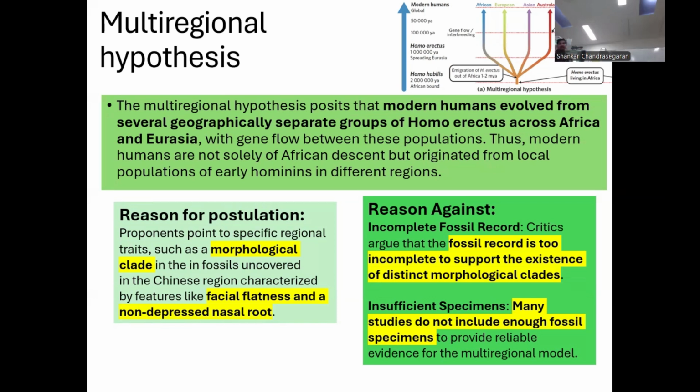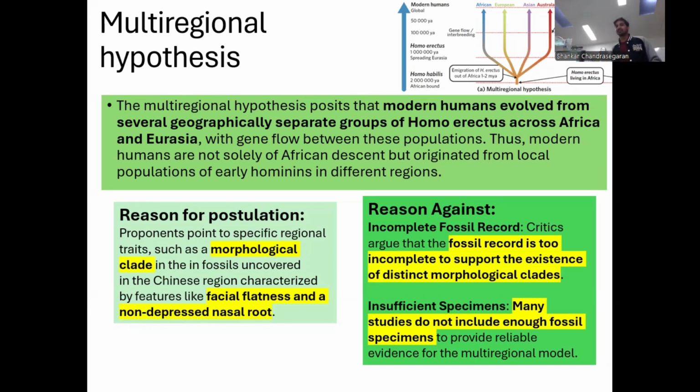And this was thought to indicate that when Homo erectus migrated to the different regions, there was evolution that drove them to a specific morphological clade, and after that, gene flow and interbreeding emerged to bring out Homo sapiens as well.